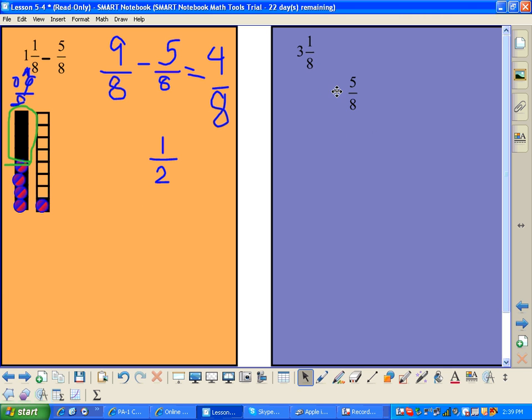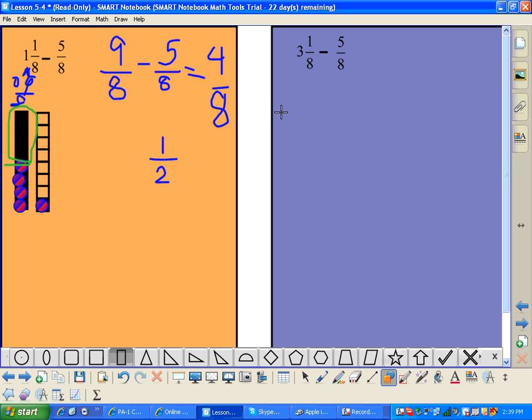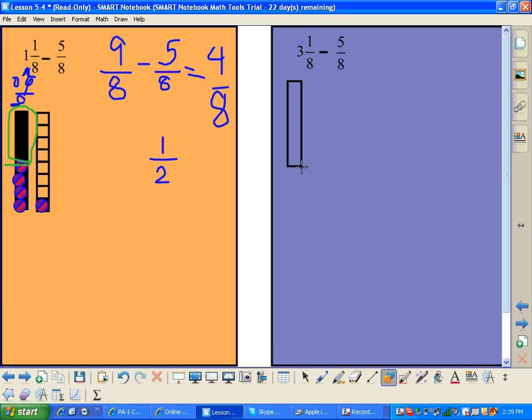Here we have 3 and 1/8 minus 5/8. The only thing that's different between these two is the amount of wholes. Now it's very important for you to keep track of the amount of whole numbers you have with your fractions. So what we're going to do again is we're going to draw out using a bar model. This time we have 3 wholes.